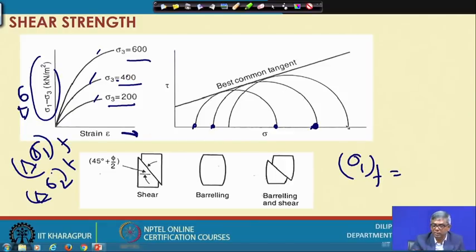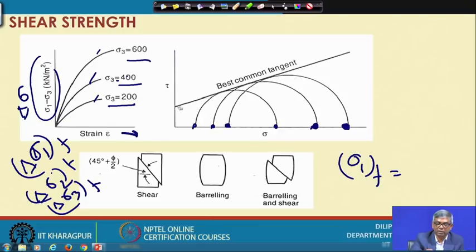Then in the third stage I get another delta sigma f, and from there another sigma 1 and sigma 3, and we get the circle.